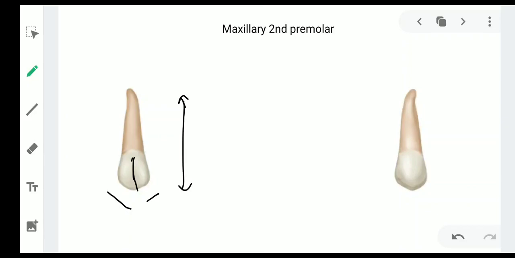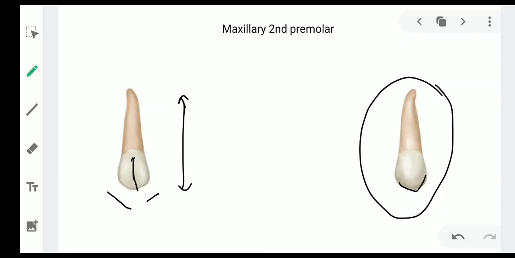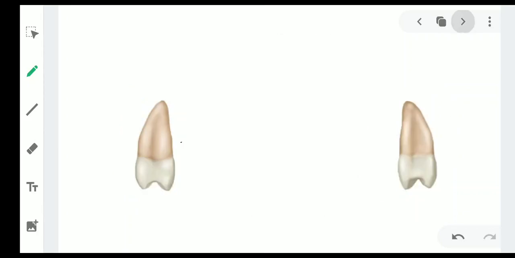From the lingual aspect, it almost resembles the maxillary first premolar, but there is a difference: the lingual cusp is placed at a higher level, so we can see only one cusp tip. So this is the main difference.